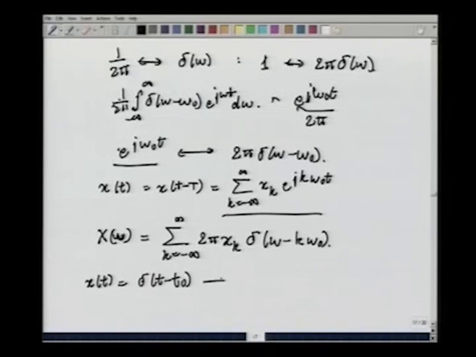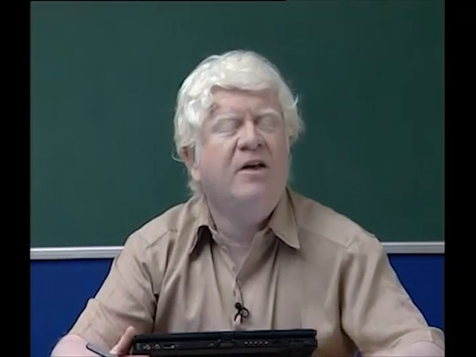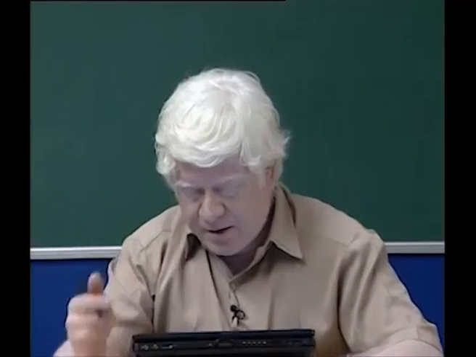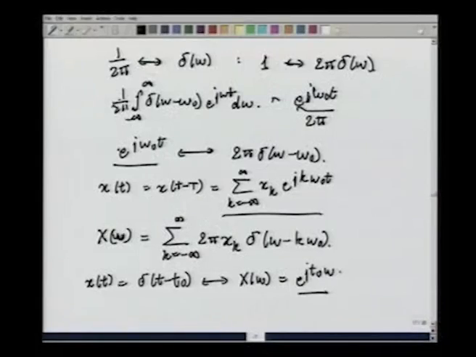You would get x omega equal to e to the minus j t naught omega. That means it is periodic in omega, and so it has finite power, but not finite energy. The Fourier transform has finite power, but not finite energy, and its time domain counterpart x t is an impulse.